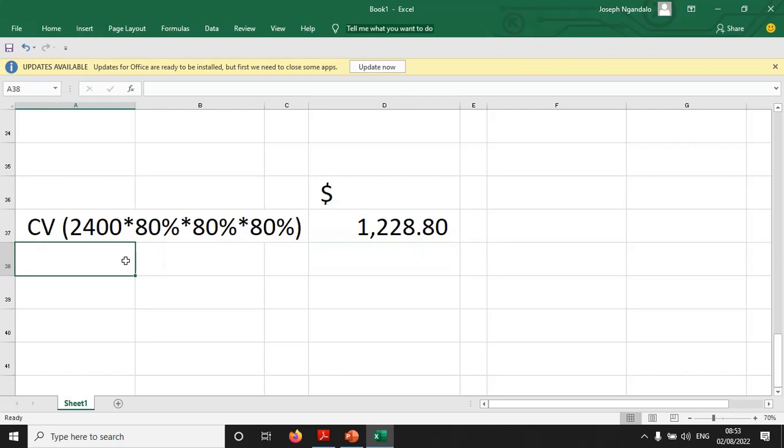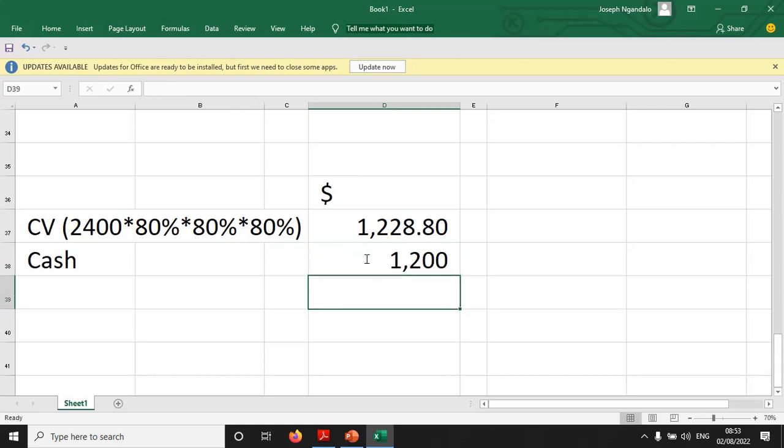Then sold for how much? Now, here I'm going to have to ask you to interpret. An asset whose value is that much is sold for 1.2. Are you making a loss or a profit? You see now?